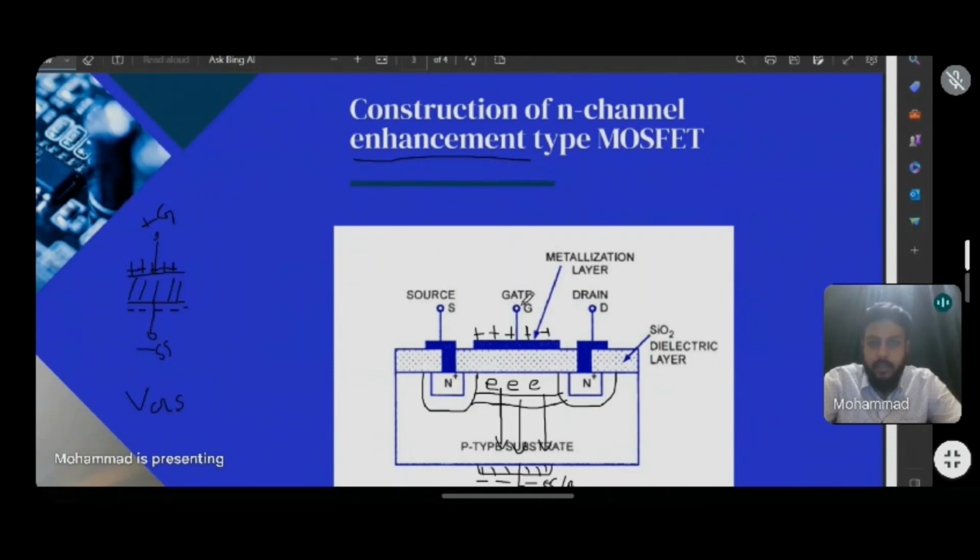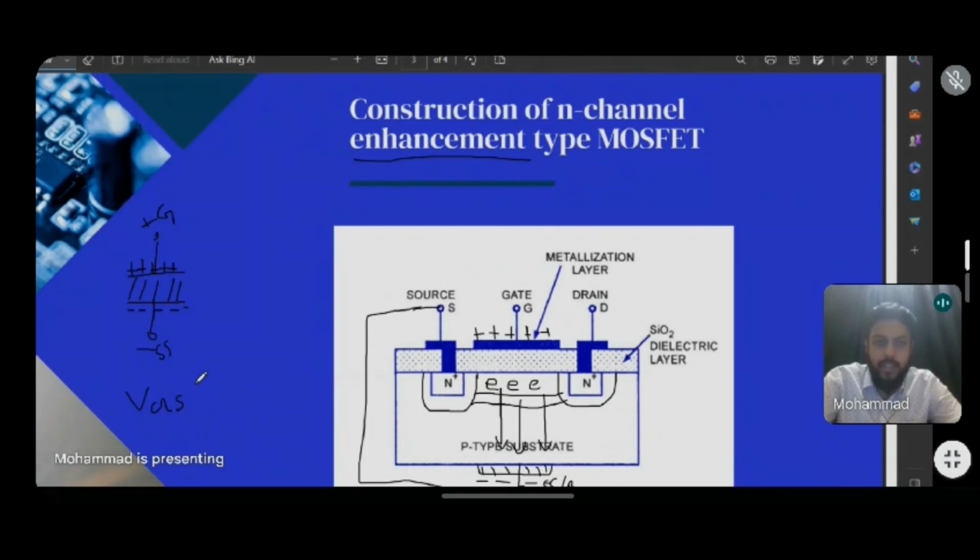VGS means the potential difference between the terminal G and S. And why is it known as S? Because normally we have three terminals in a MOSFET, and these two terminals are actually shorted. So this terminal can also be called the source terminal right now, since it's shorted.